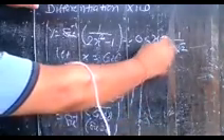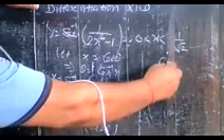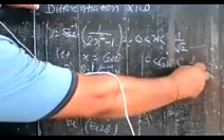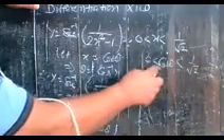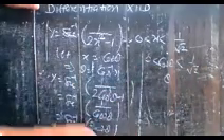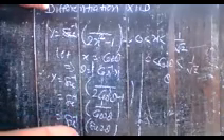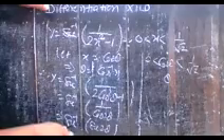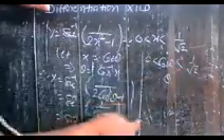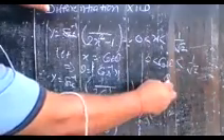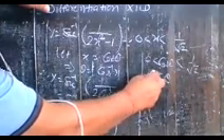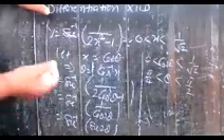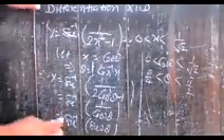So if you apply cos theta, you have cos theta greater than 0 and less than 1 by root 2. If you want to find the value of theta, what is your result? The value of cos is 0 at pi by 2, and 1 by root 2 is at pi by 4. So you have theta greater than pi by 4 and less than pi by 2. That is also a sub-interval of sec.